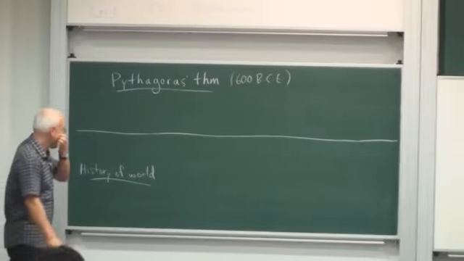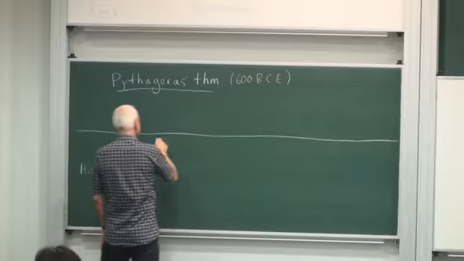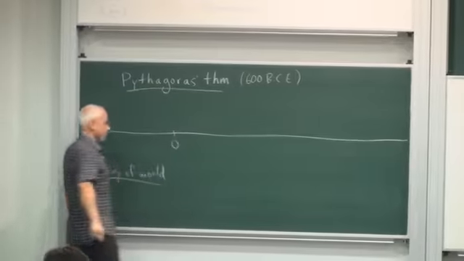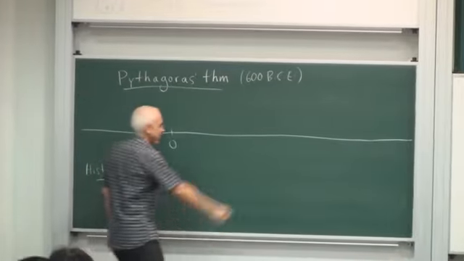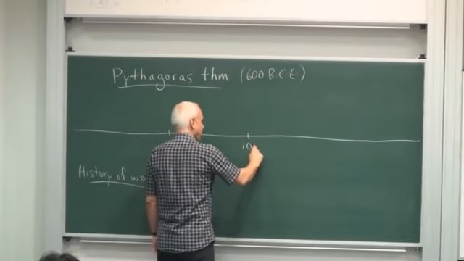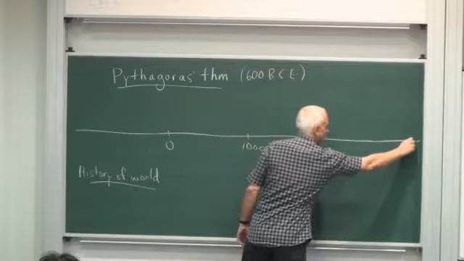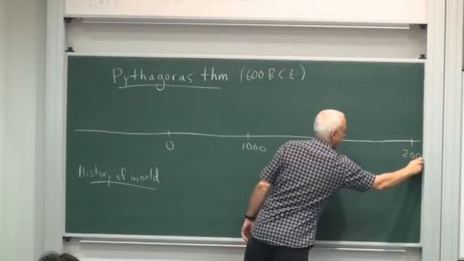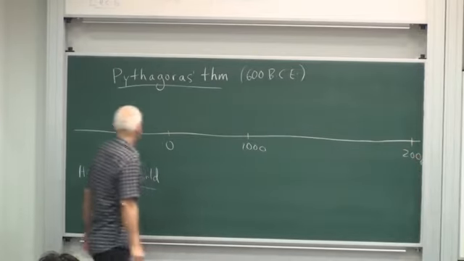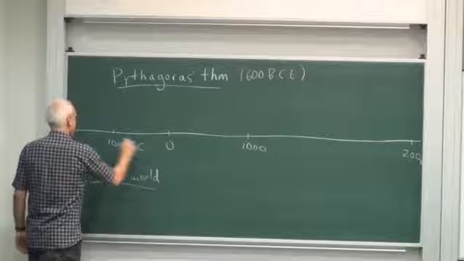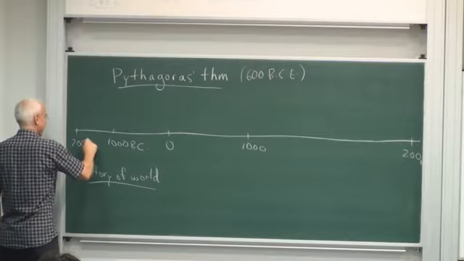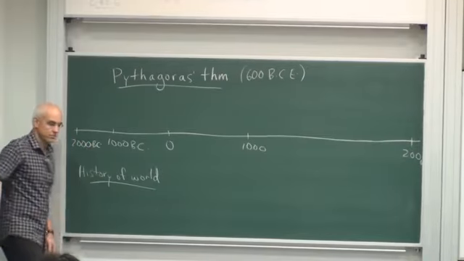Okay, so at some point maybe we'll put year 0 there, and maybe not exactly a linear scale. Year 1000 there, year 2000 here, and maybe here we had 1000 BC and 2000 BC.